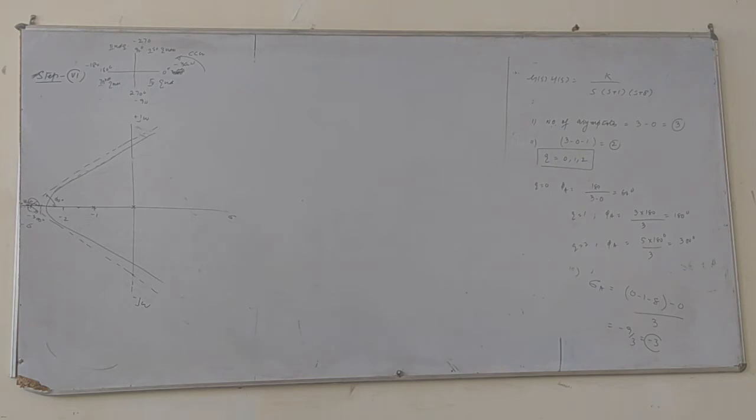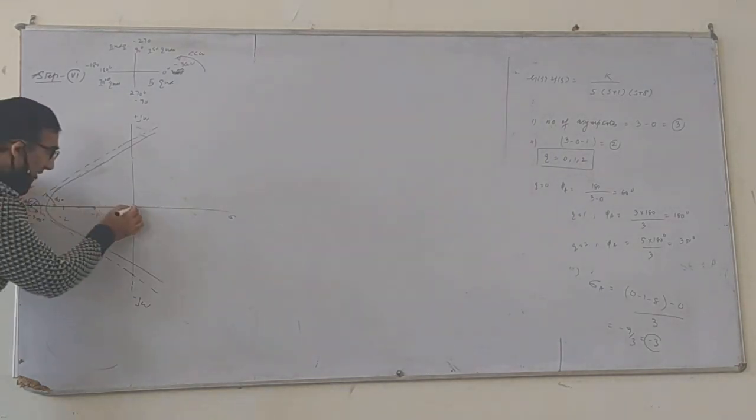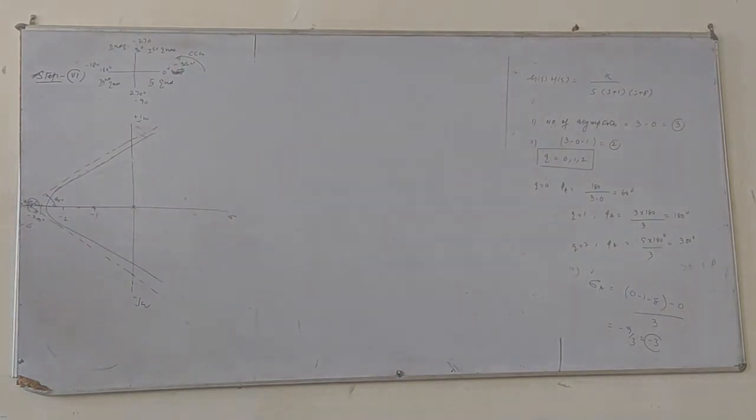I am saying that whenever there is a valid condition, this one doesn't have it, but when the condition comes, there will definitely be a zero here also. I am saying you are right, but I have not taken any condition or question yet. I have just drawn the root locus to make you understand that the root locus will always move parallel to the asymptotes and they will meet at s equal to infinity.